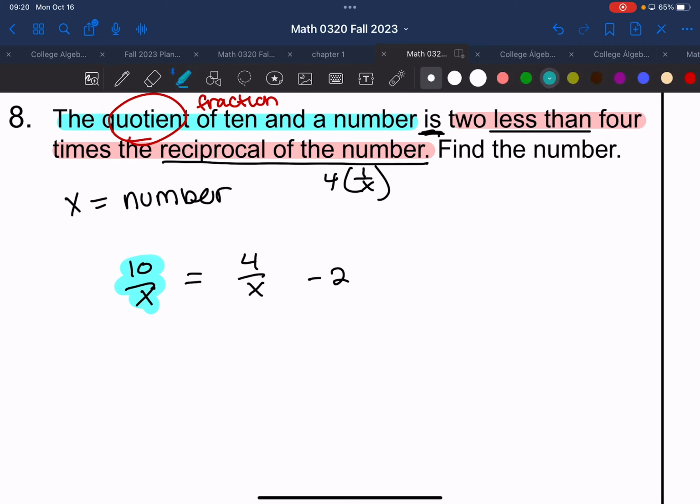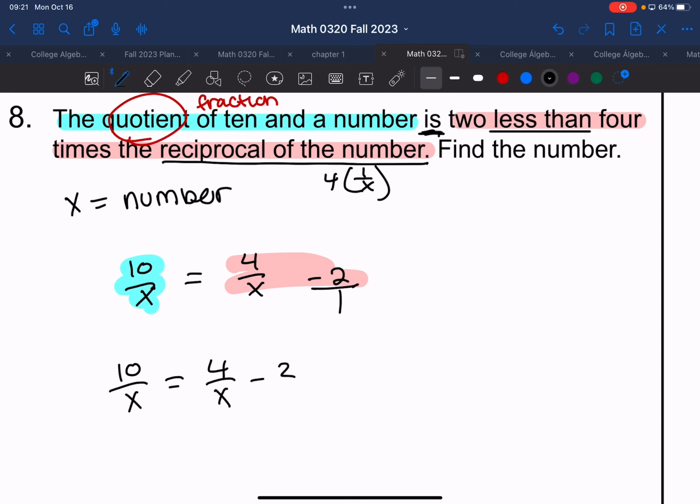So that means we have both sides of our equation now, and we want them to have all a common denominator. So that means we need to turn that -2 into a what? To a fraction. So I have 10 over x is equal to 4 over x minus 2 over 1.